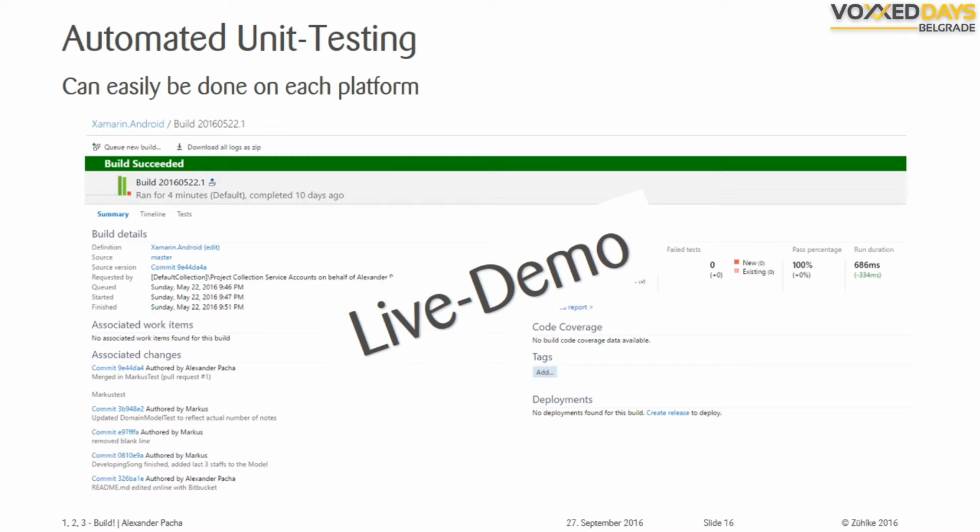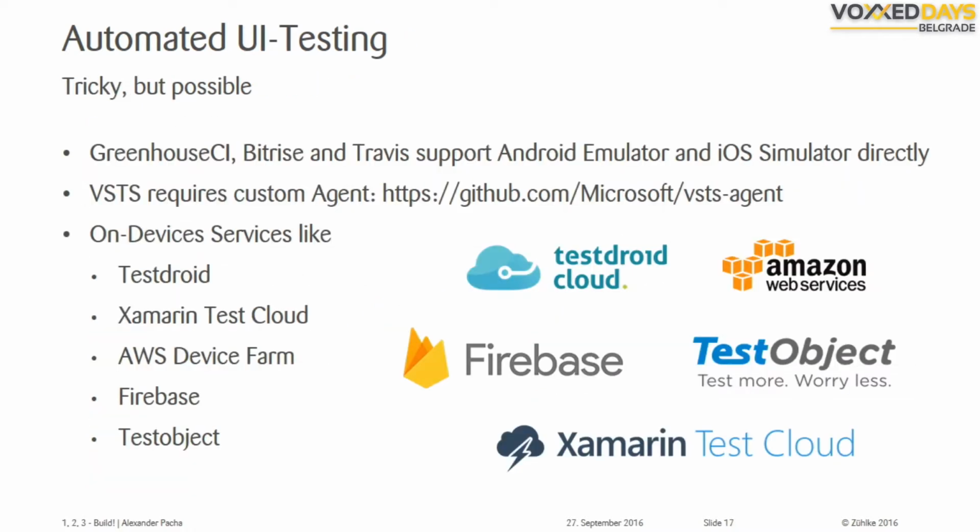So one thing to say is that unit testing is pretty straightforward. You usually just run a command line, but you also should test your application from a user interface perspective, especially mobile applications. When you develop Android applications, you have thousands of different devices out there, and it happened to me already for my application.